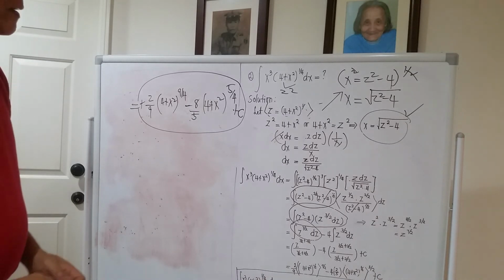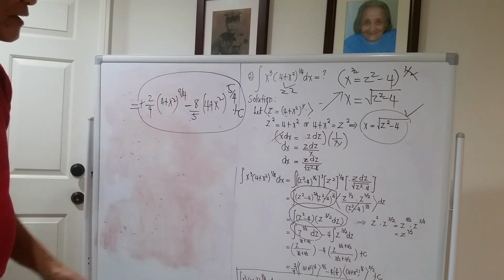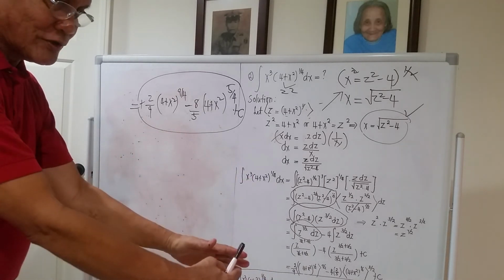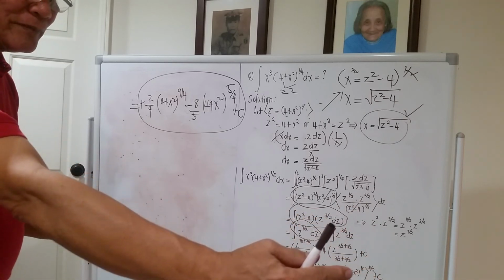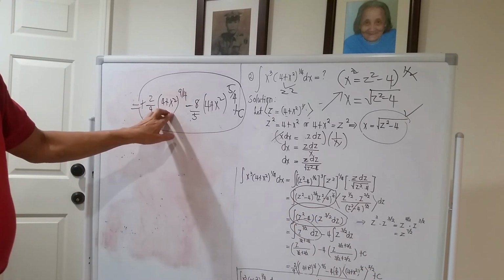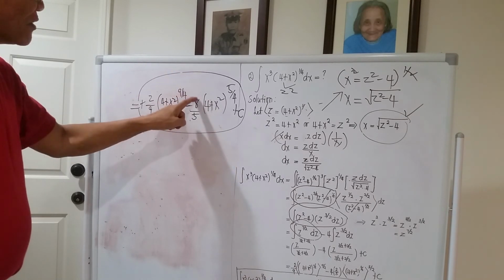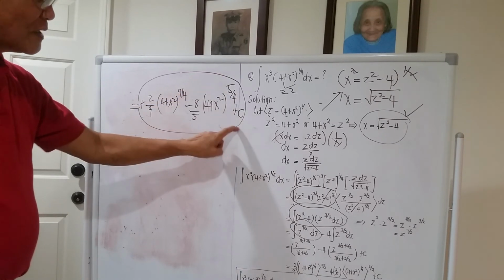That's the final answer, guys. So it's just a matter of algebra. After the algebraic substitution, it is now integrable. A matter of simplification, the final answer will be 2 over 9, quantity 4 plus x squared raised to the 9/4, minus 8 over 5, quantity 4 plus x squared raised to the 5/4, plus c.